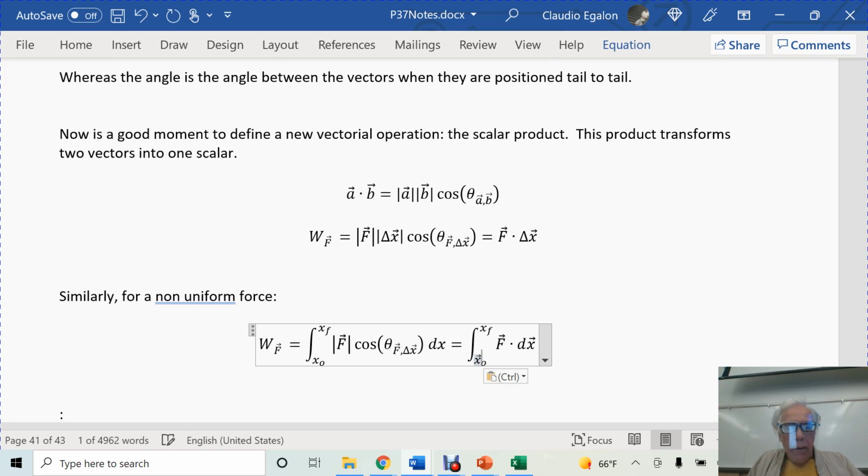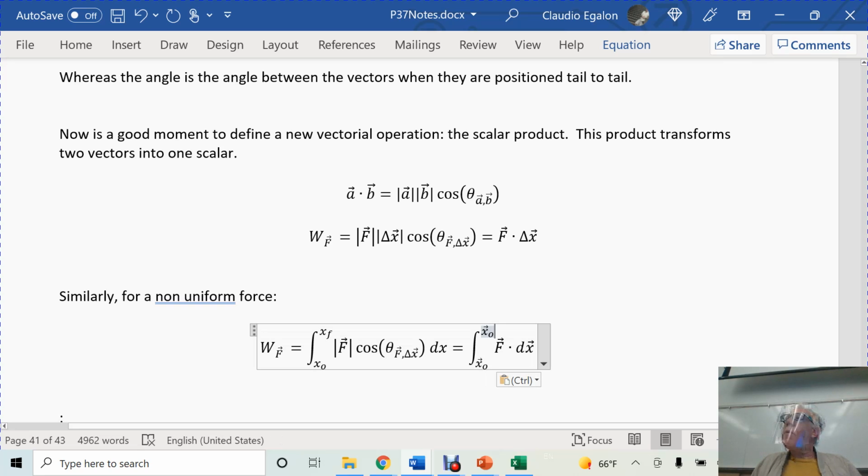Good. X naught, the vector xf. Have you seen that? Path integral.